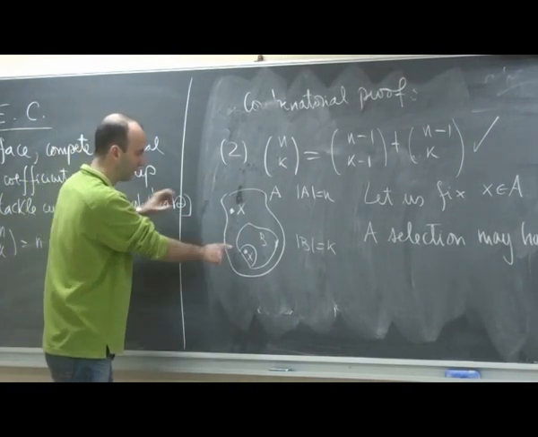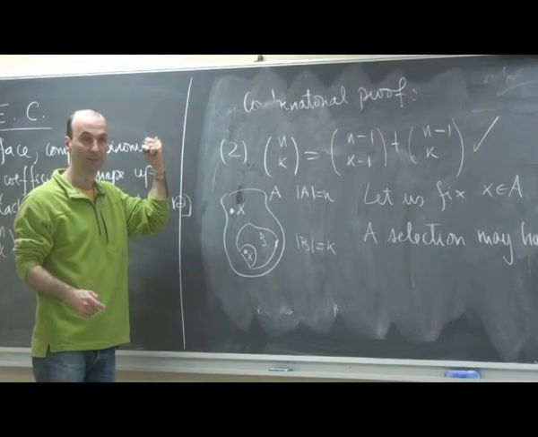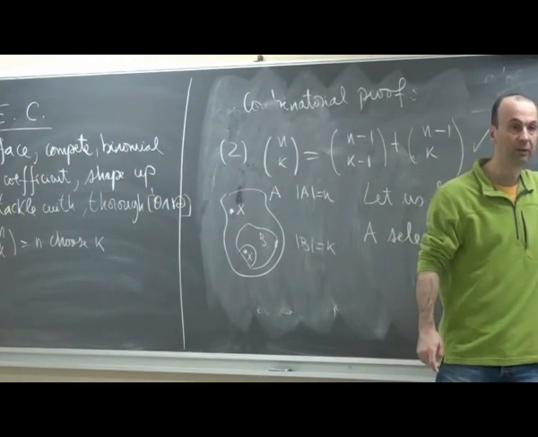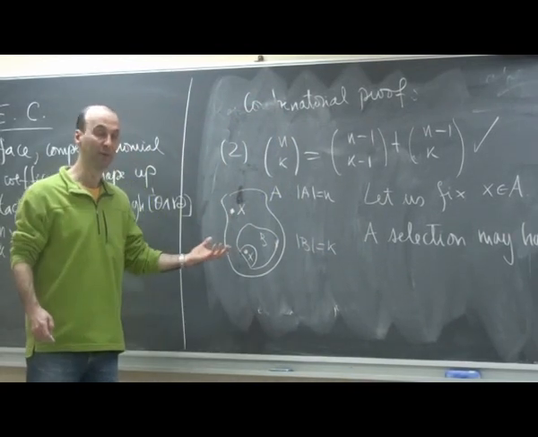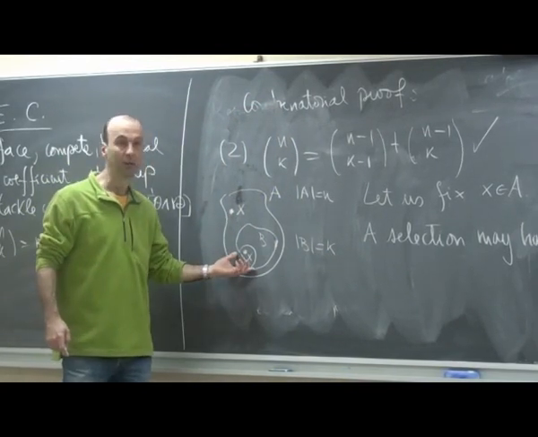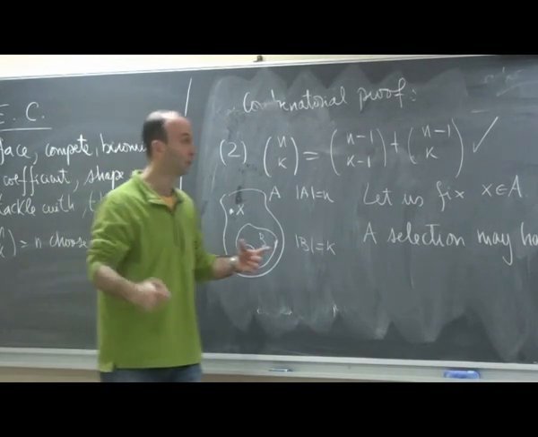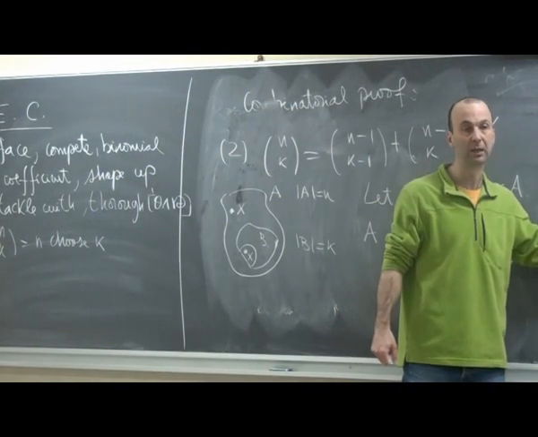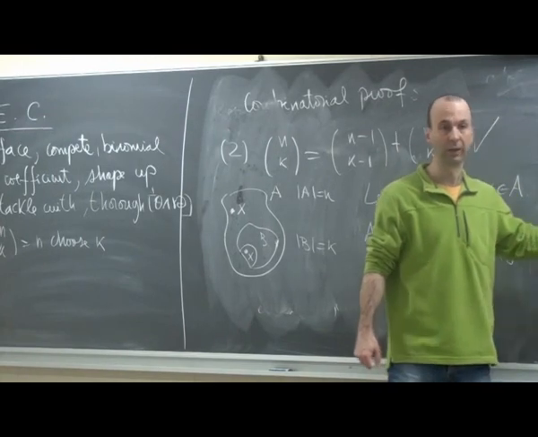So I have n minus 1 elements because I remove x. And then I perform my selection, and I have to take k elements. Because of that, I'm sure that x is not going to be in the selection. Do you understand? Okay.